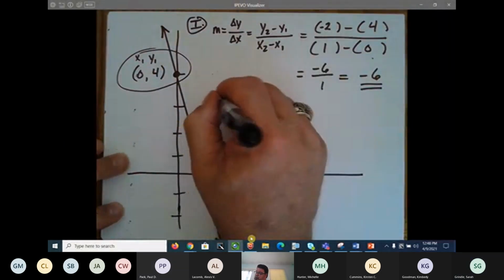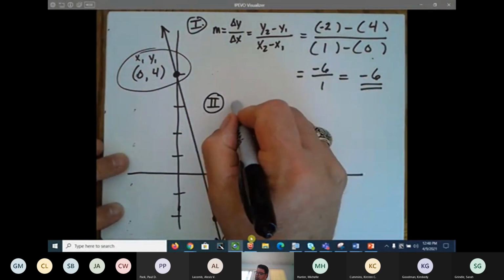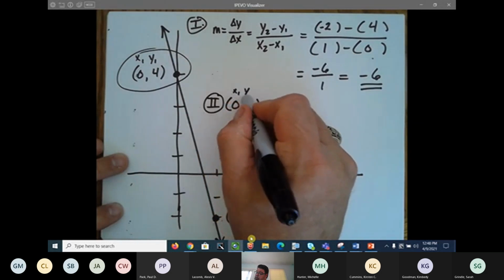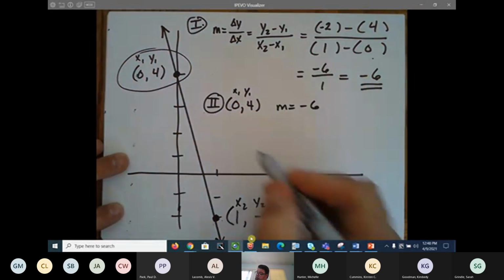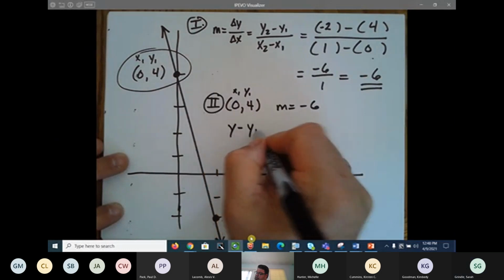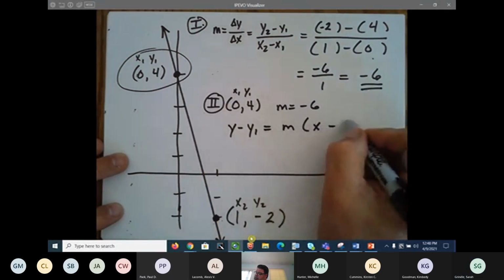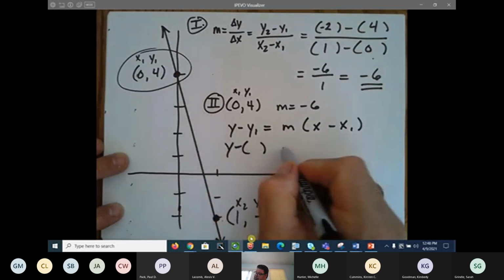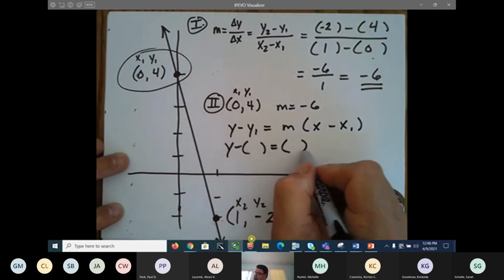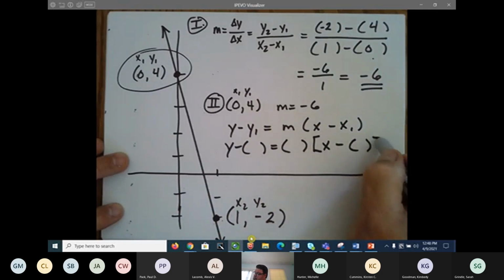Part 2: use the point-slope equation with a point and a slope. y minus y sub 1 is equal to m times x minus x sub 1. y minus parentheses is equal to parentheses times x minus parentheses.